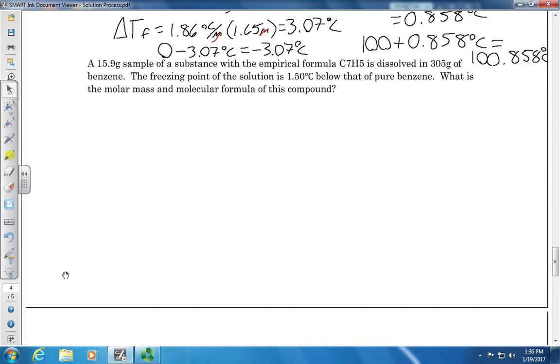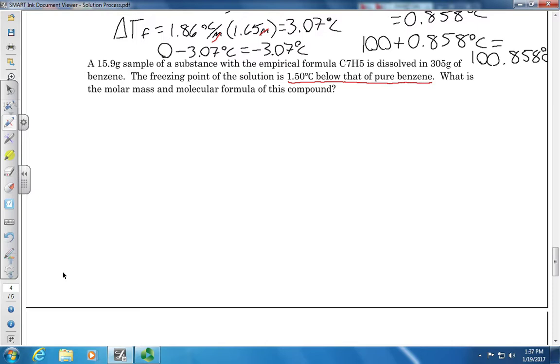This may seem like a very complicated problem, but again, we've got to get back to what we know. And what we know is our change in temperature of freezing, so that's our delta T sub F. We're given that it's 1.5 degrees Celsius below that of pure benzene.